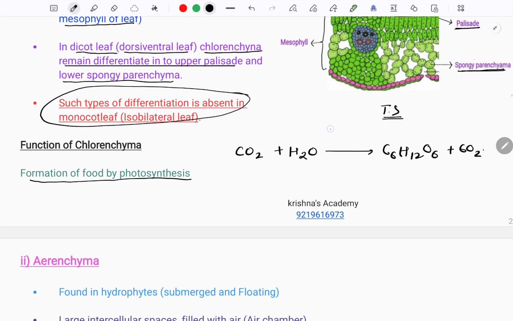In this process, light is used, which is absorbed by the chlorophyll. So, in the process of photosynthesis, the presence of chlorophyll is necessary because this is the only pigment which absorbs the light for photosynthesis.